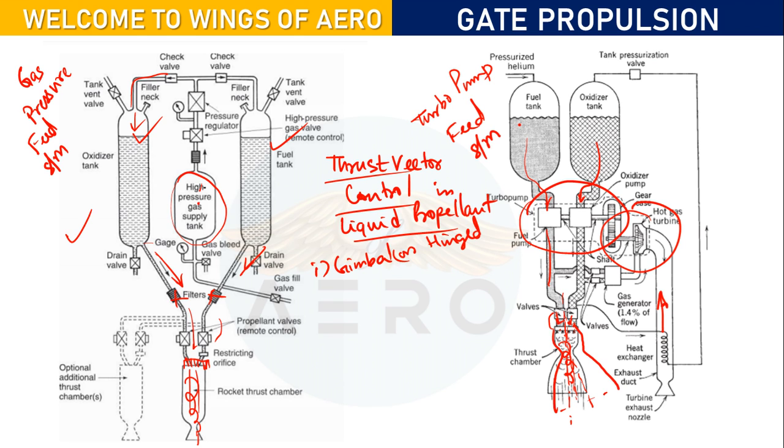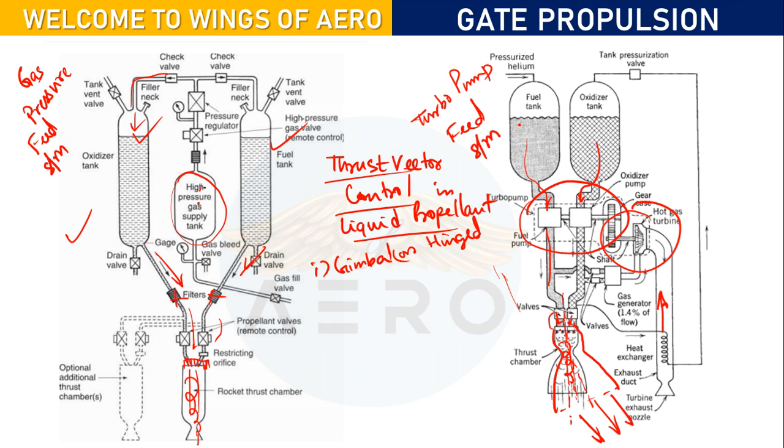When the thrust chamber moves along this side, you get your force or thrust, so the aircraft will move along this particular direction. Based on the direction where we need the pitching movement, yaw movement and rolling movement, you move your hinge, like how the aircraft's other control surfaces are deflected, like ailerons, elevators, rudders.